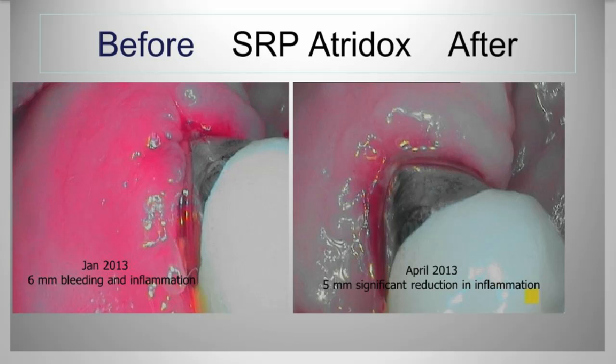So when she came back in April, as this slide shows, and again I should reiterate that this is in the perio mode, so you can see all the pink and the magenta, I did my full periodontal screening to evaluate my results, and there was a 5 there. Now, I don't get too thrilled with a 5, because with the modalities that I teach and that I use, I'm used to 6s going to 3s.